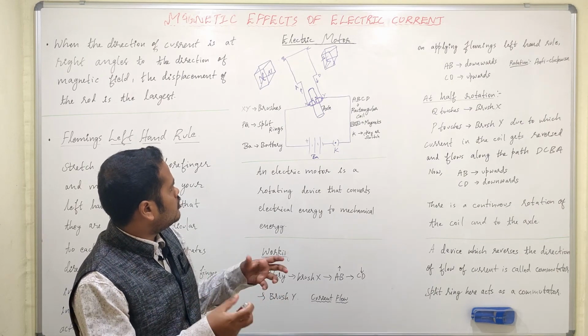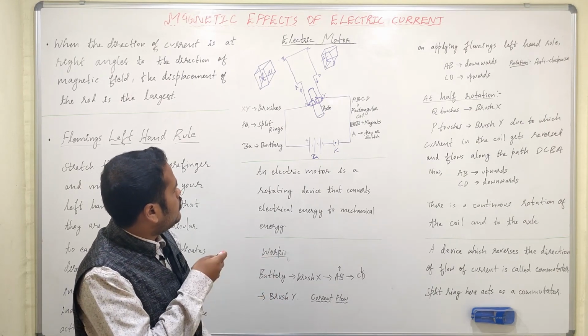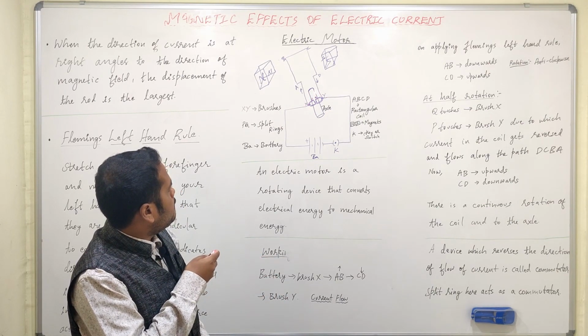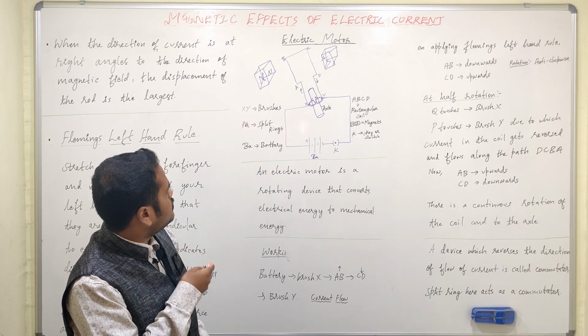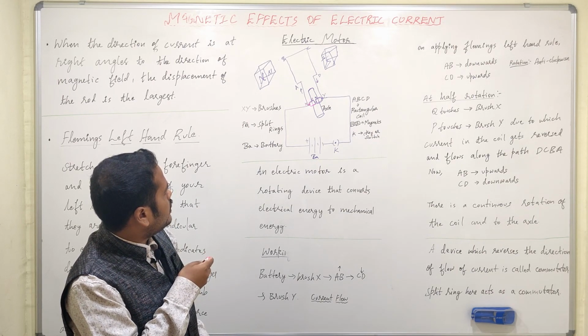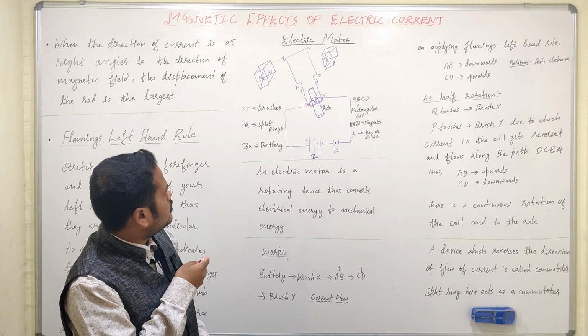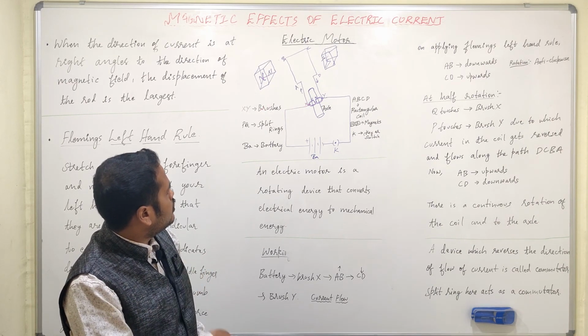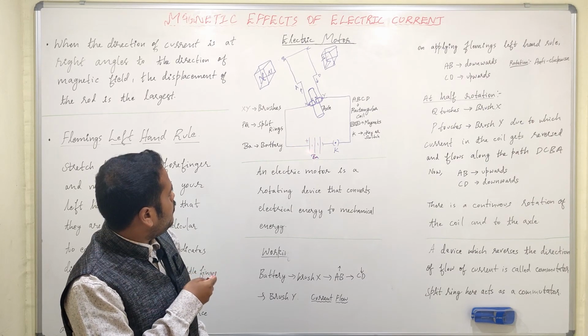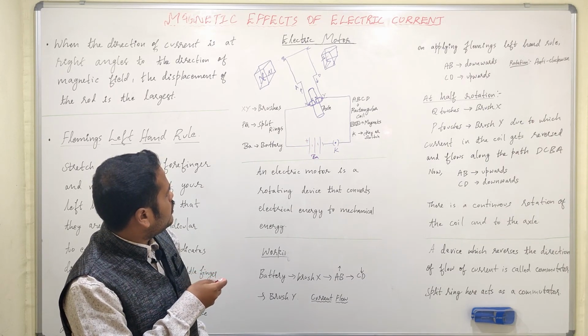Axle is connected by PQ. P and Q are split rings. The split rings are connected to the outside by X and Y, which are called the brushes. This is your battery. K is the key or the switch.